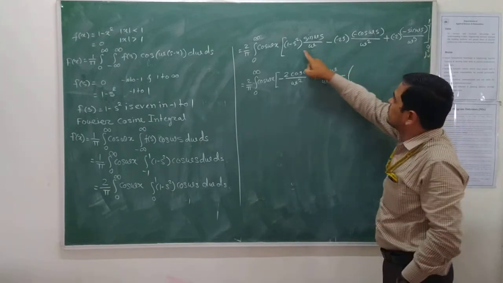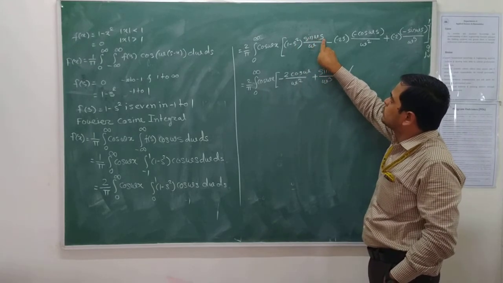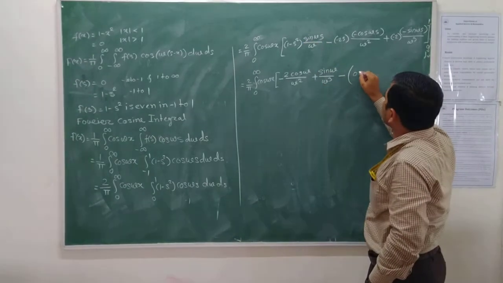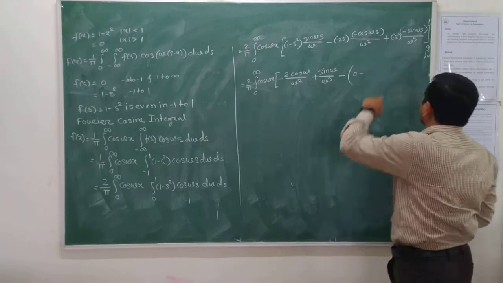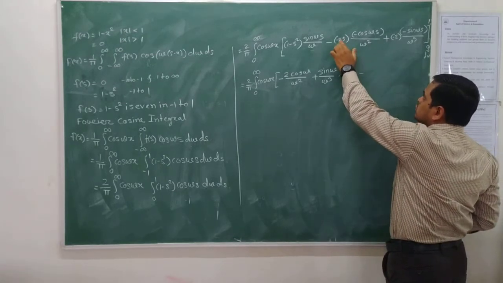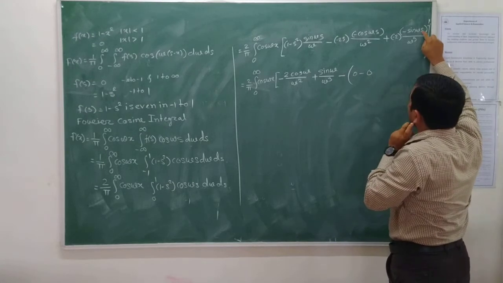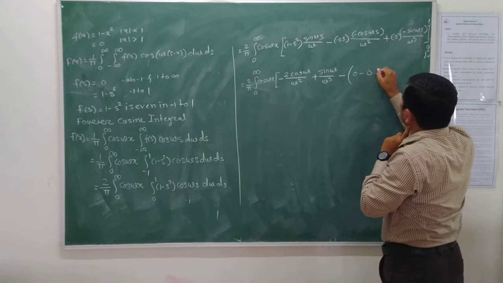Minus the lower limit. The lower limit is 0, we substitute 0 here. Sin omega into 0, that is sin 0, and sin 0 is 0, so the first term is going to be 0. Minus minus minus becomes minus. We substitute s equal to 0, and 0 into this becomes 0. Again we are substituting s equal to 0 here, so we get sin 0, which is 0.